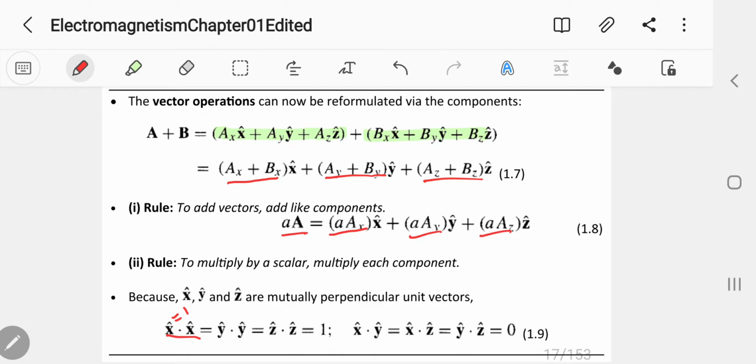Therefore x hat dot x hat, y hat dot y hat, and z hat dot z hat are each equal to 1. And since x and y are perpendicular, cosine 90 is 0, so you have x dot y equal to 0, x dot z is equal to 0, and of course y dot z is also equal to 0.